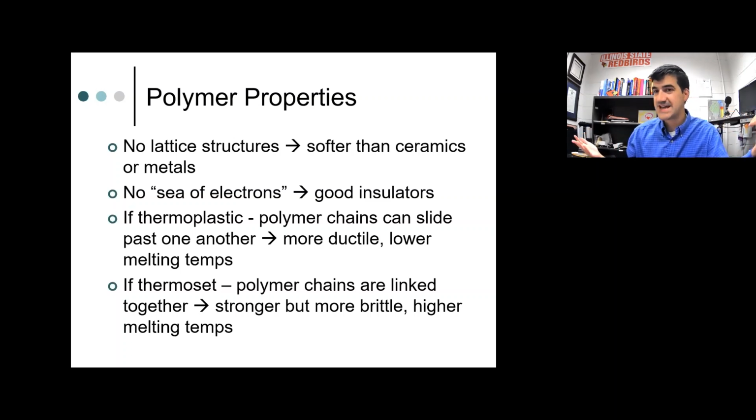But if they're thermoset, then they tend to have covalent bonds between those molecules, which does make them stronger, but it also makes them more brittle, less ductile. Brittle is the opposite of ductile, and it also gives them higher melting temperatures, if they will even melt. Some thermosets just won't even melt.